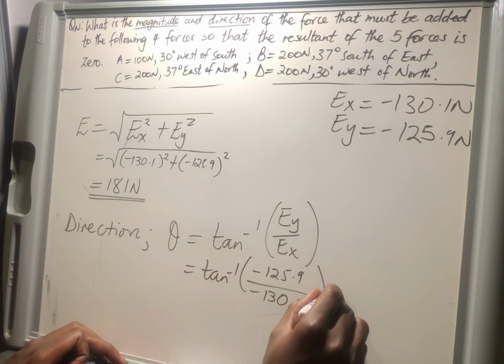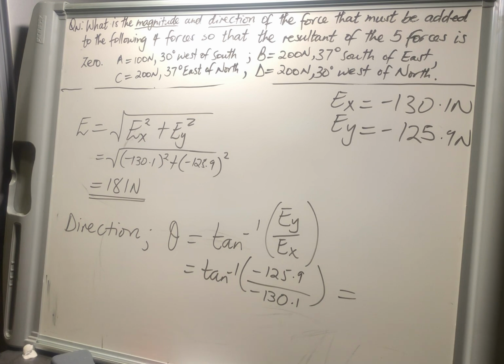So if you punch on your calculator, you are going to get tan inverse of what? 125.9. Remember, the negative signs are going to cancel each other. So your answer will be left without a negative.